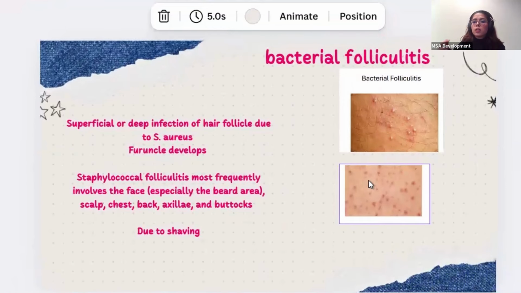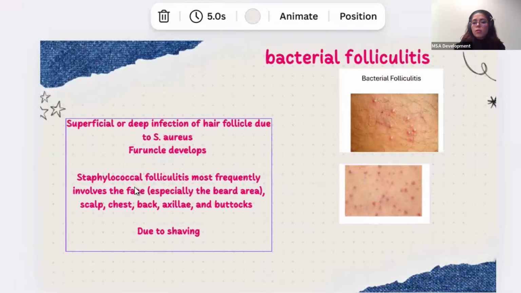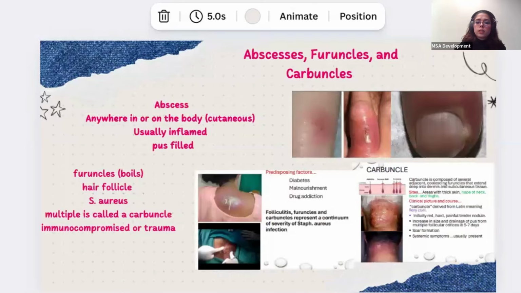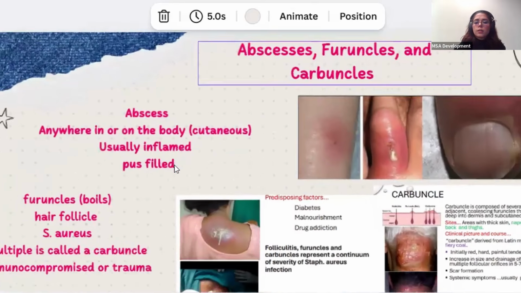Okay. Bacterial folliculitis is inflammation of the hair follicle because of Staph aureus. Okay. And it involves the face wherever you shaved and you didn't use proper shaving techniques. When you use a razor, make sure your skin is clean and exfoliated. Okay. Let's see. Abscesses, furuncles, and carbuncles.